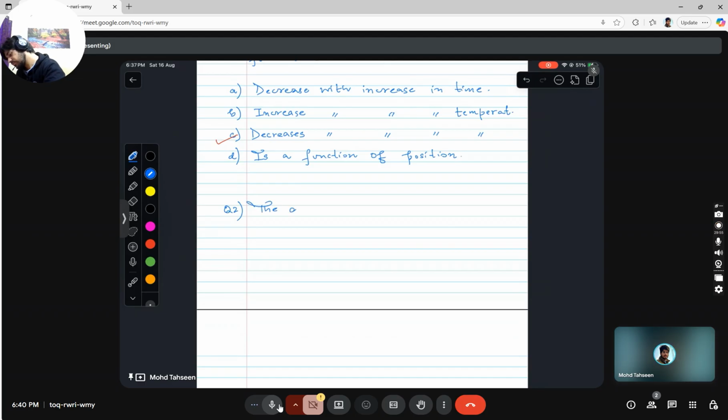The acceleration experienced by an electron in a metallic conductor in presence of an electric field.